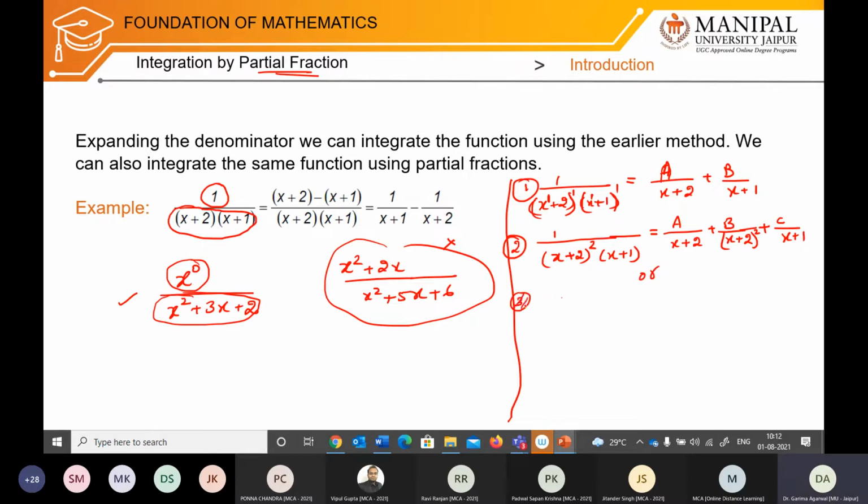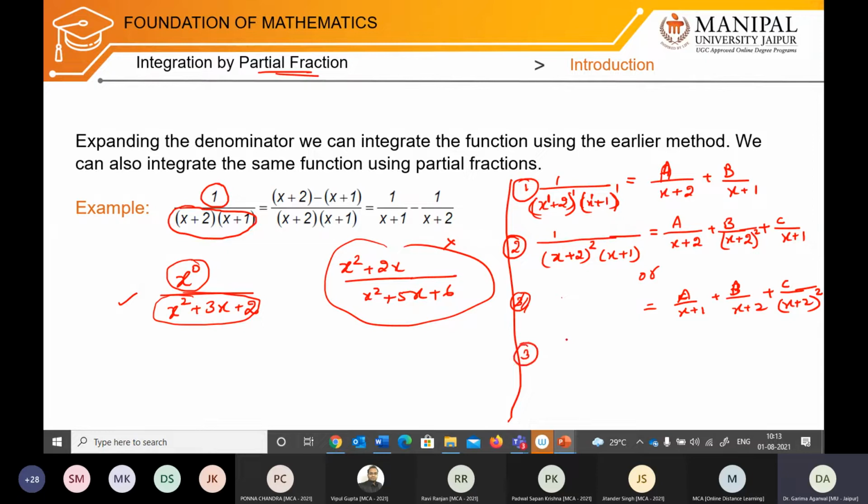Or you can write it as a upon x plus 1, b upon x plus 2, c upon x plus 2 whole square. Whichever way we assign a, b, c is not a big deal, because they are constants and ultimately we will get their values.